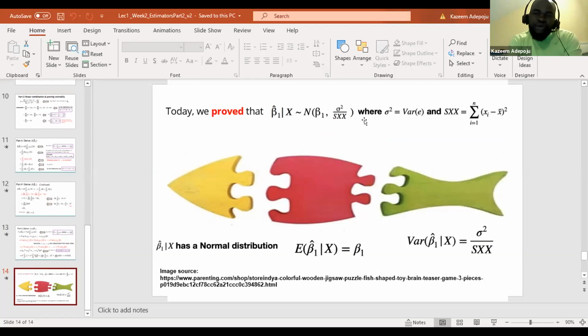Don't forget that the variance of the error is sigma squared, and don't forget the Sxx here. This is how to figure that out. So our conclusion is that beta 1 cap has a normal distribution: the expected value of beta 1 cap given x is this, and the variance of that is this.